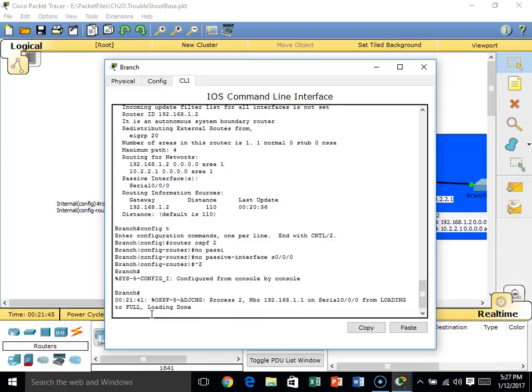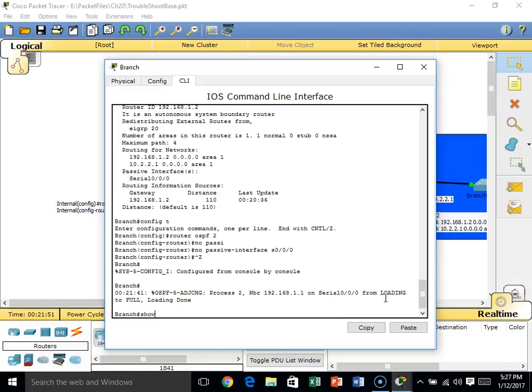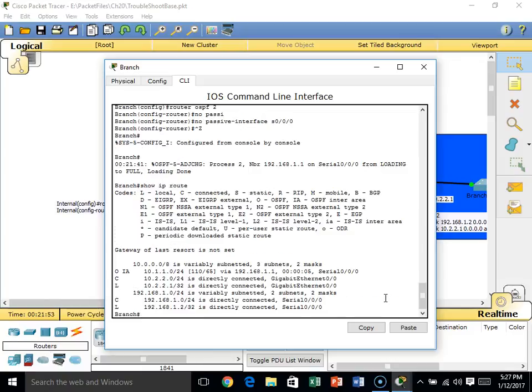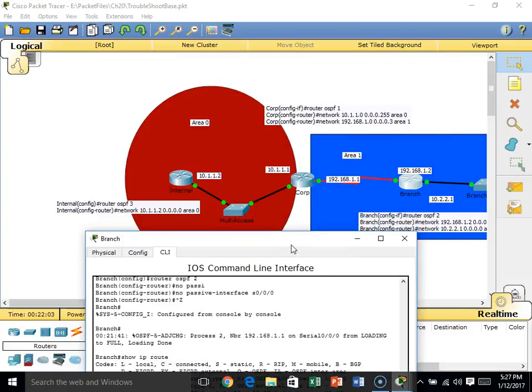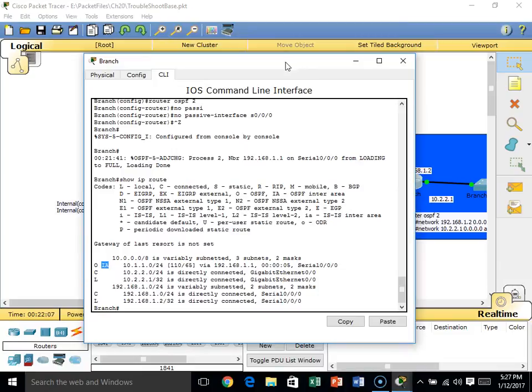Now we're up. Now we have our adjacency. And you notice it says it goes from loading to done, and we could show IP route, and we have our OSPF, and we have our area route, which says that this network is in a different area, and it is in a different area because we have area 0 and area 1 on this thing.